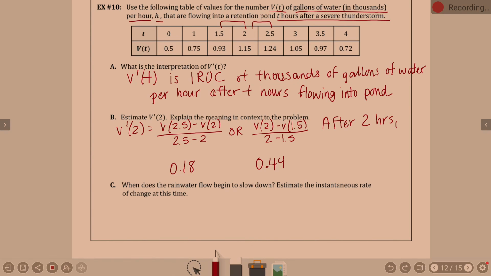So if you take 180 and multiply by 1,000, we are looking at somewhere between 180 to 440 gallons of water flowing there. It depends on which you use.